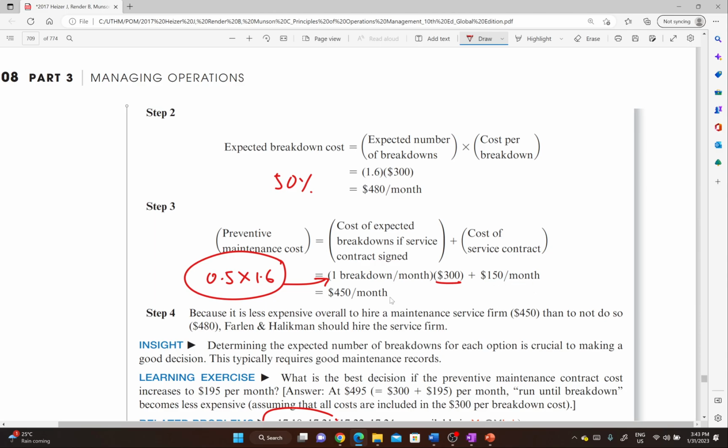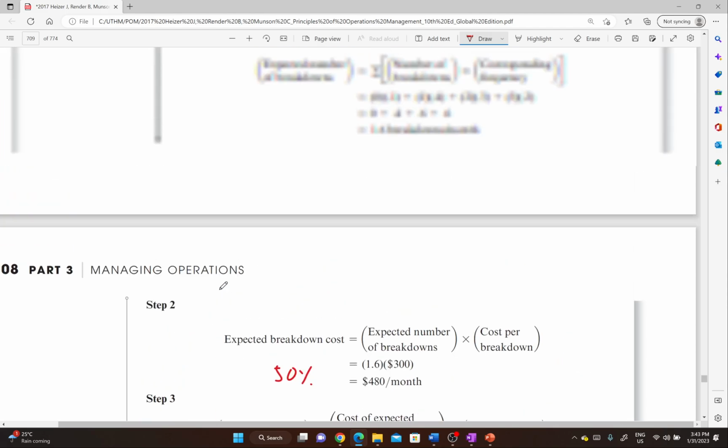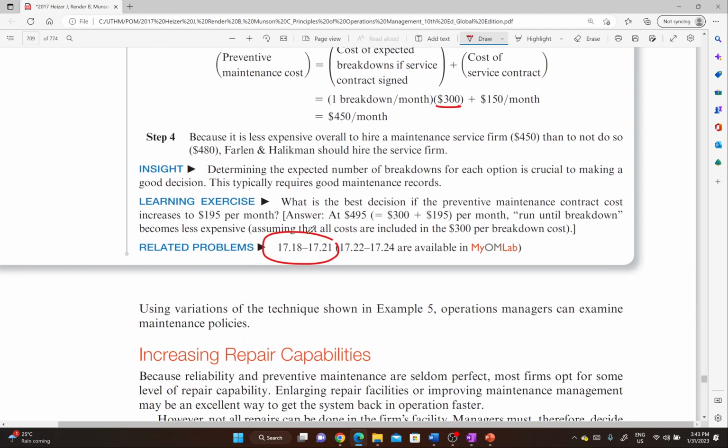Then you compare. If it is more than the expected breakdown cost, you don't take that service, it's burdensome for you. If it is less, then you can consider taking the service. So that is regarding the maintenance chapter. Hope you understand. You can try more exercises.